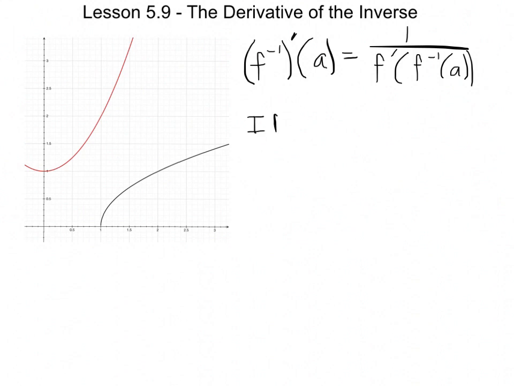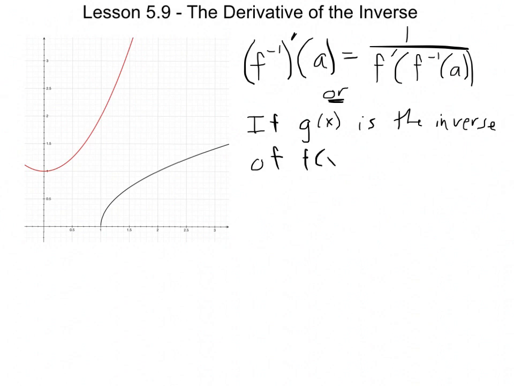Suppose g of x is the inverse of f of x. All I'm saying is that instead of using the f inverse notation, if we just said up front that g of x is the inverse of f, then the formula looks a lot nicer.